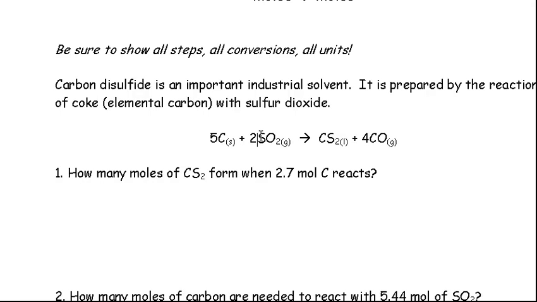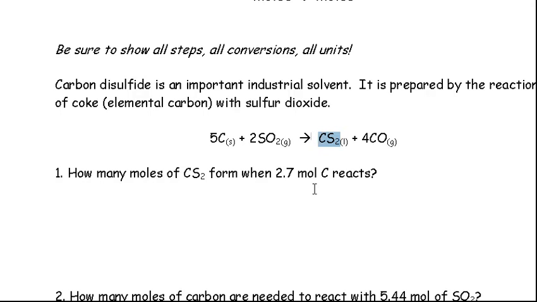It's unlimited. Okay, so let's see here. You're being given 2.7 moles of carbon. You're being asked about carbon disulfide. So what's the mole ratio that you need to use here? Since you're talking about carbon and carbon disulfide, the relevant coefficients are the 5 on the carbon and the implicit 1 on the carbon disulfide.